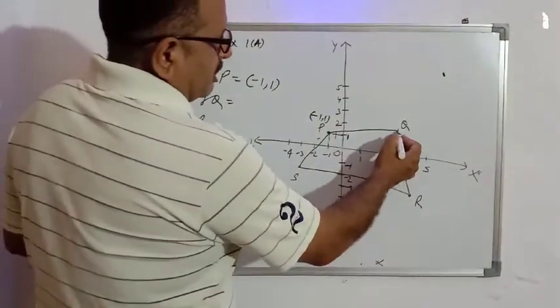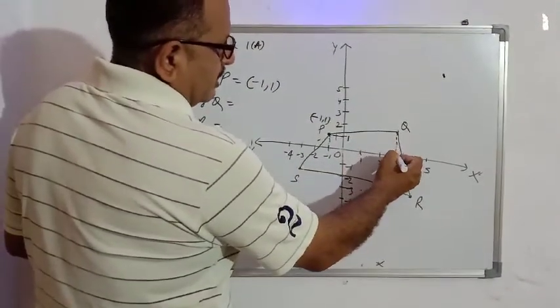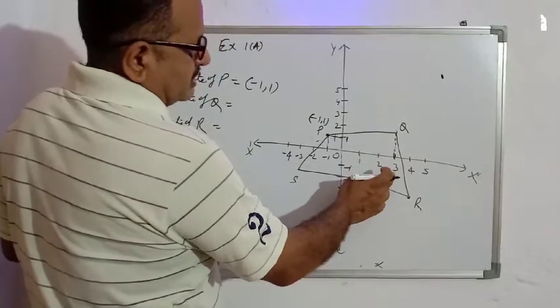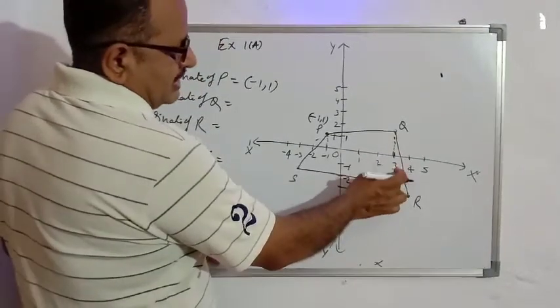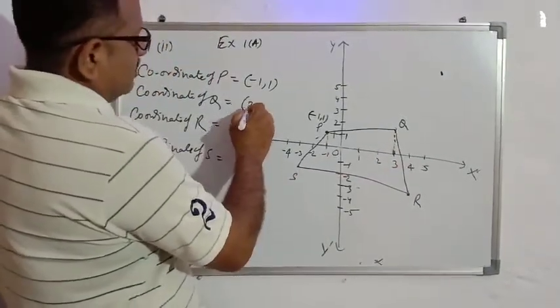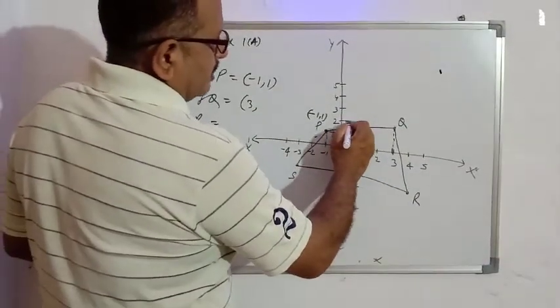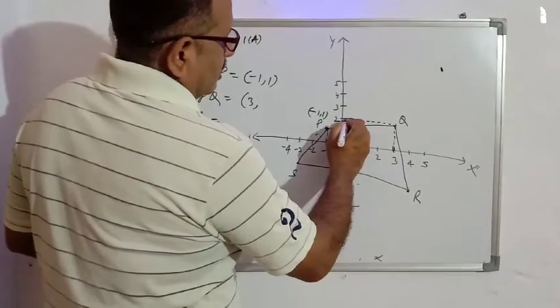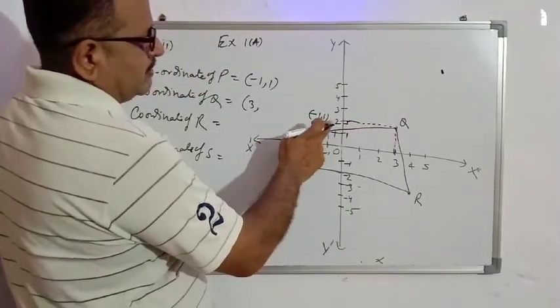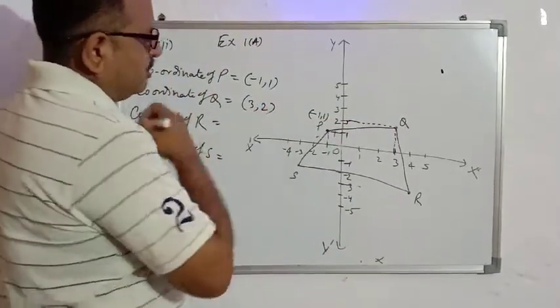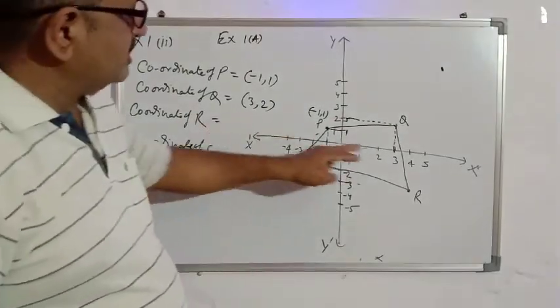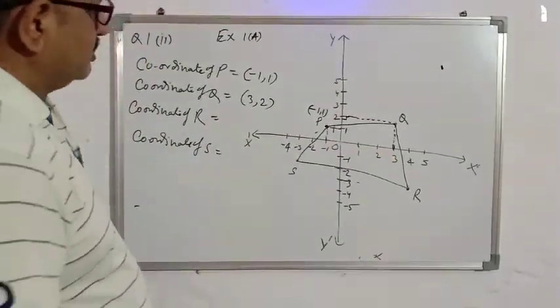Similarly, for Q, draw the perpendicular from Q on the x axis. It meets at 3. So the first component is 3. From Q, draw the perpendicular on the y axis. It meets at 2. So the second component is 2. So the coordinate is (3, 2).